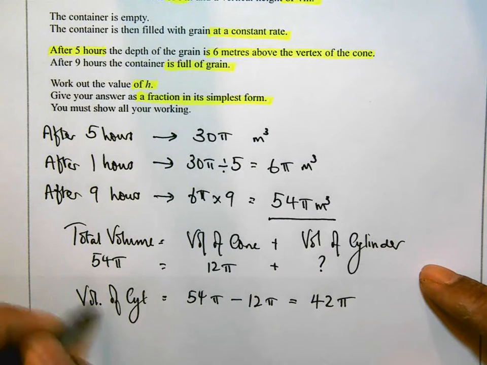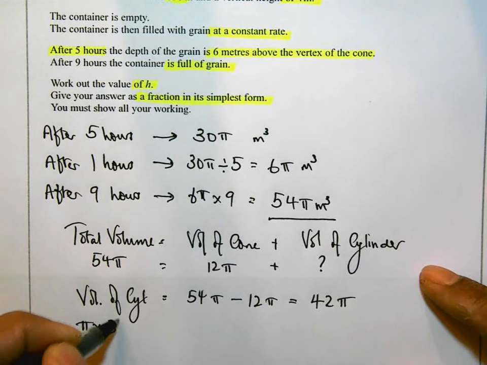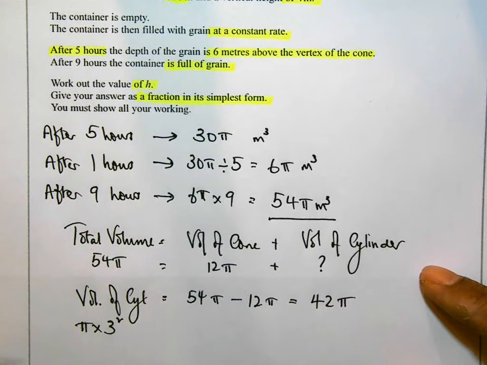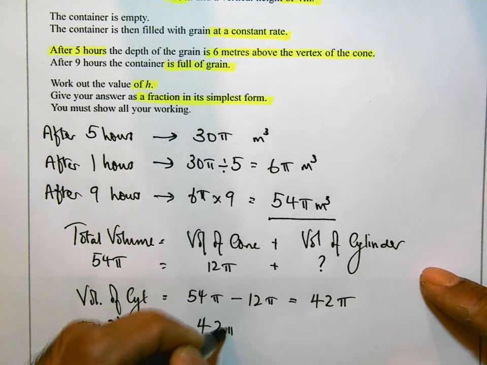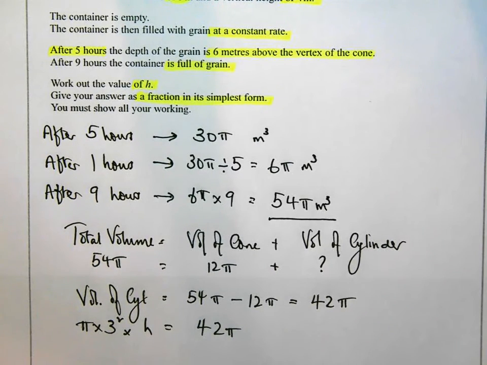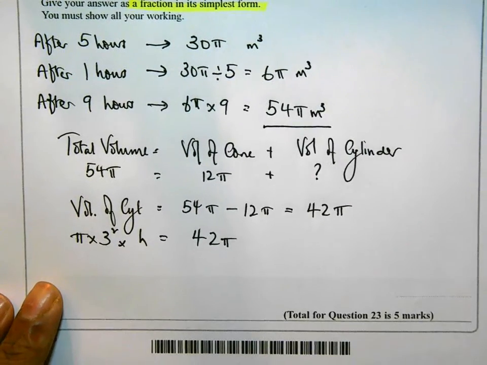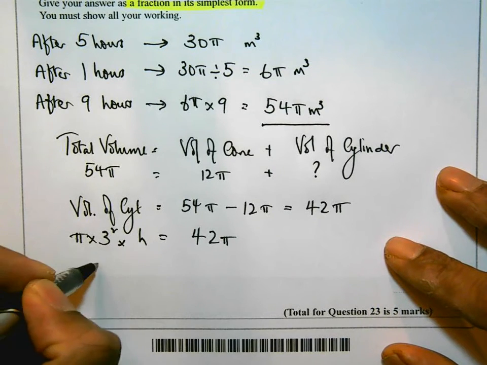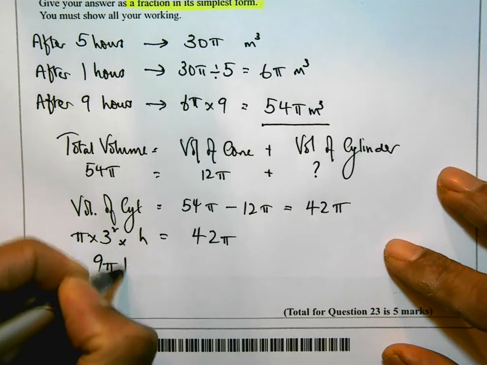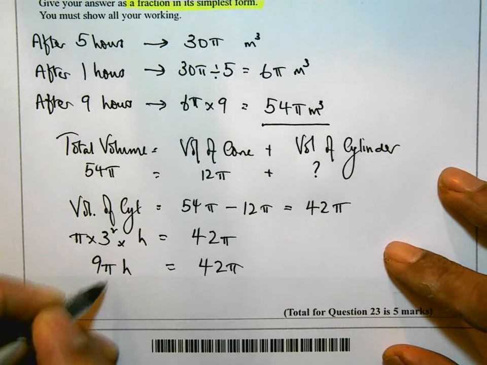The volume of a cylinder, however, we work that out by pi times radius squared times height. So the radius of the cylinder is 3, and the height we don't know, it's h, and that's equal to, as we've just done, 42 pi. 3 squared is 9, so that's 9 pi times the height is 42 pi.